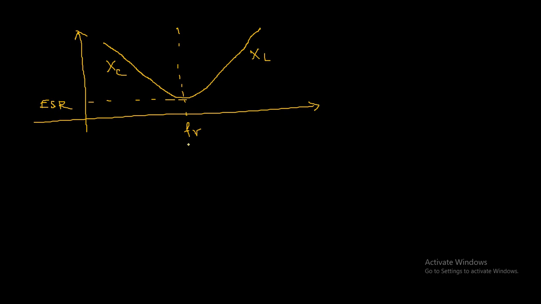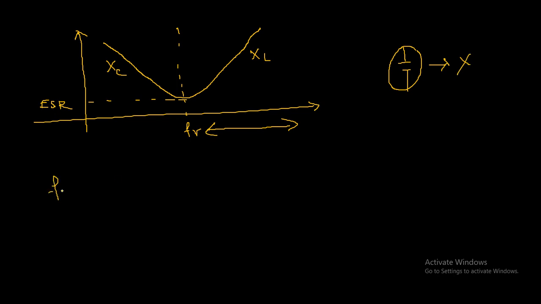If you operate your capacitor above the resonant frequency, in this range, then it acts like an inductor. You might be surprised why the capacitor is not behaving as intended in the circuit, but it is because you are operating it above the resonance frequency.